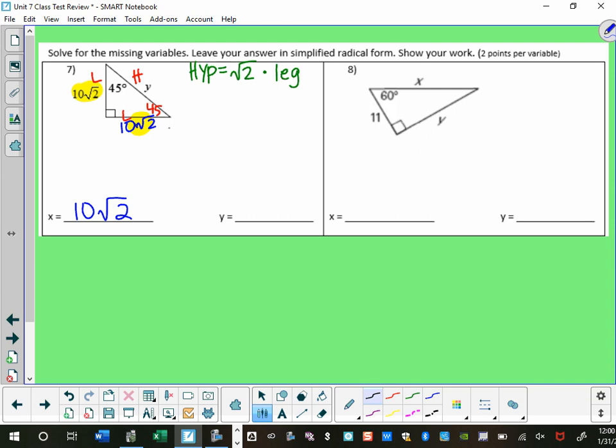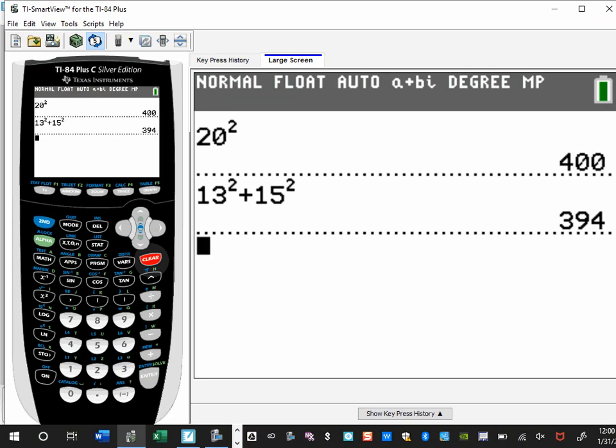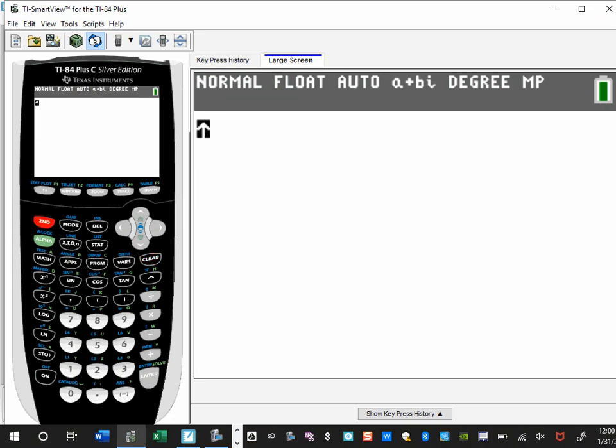Now let's solve our hypotenuse. What's my variable for the hypotenuse in this problem? Y is equal to root 2 times the leg, which is 10 root 2. Depending on how new or old your calculator is, you may need to slide over.